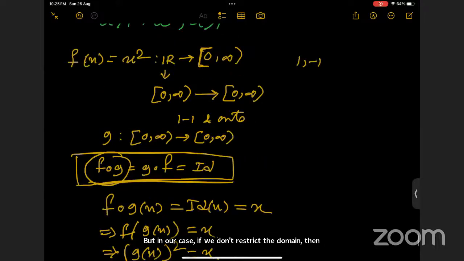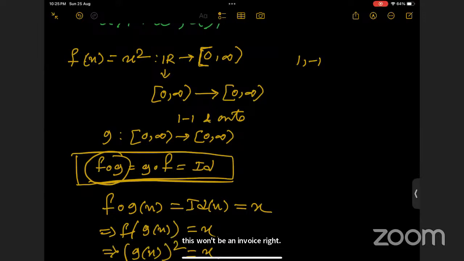Yeah, because if we want the inverse, the function has to be one-one and onto both, right? Yes, ma'am. If it is not invertible, then obviously we will not get any inverse. If the domain was R, then the function was not one-one, so we have to make it one-one so that we can find the inverse.